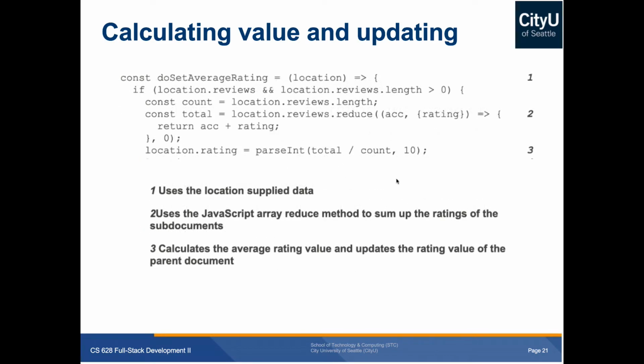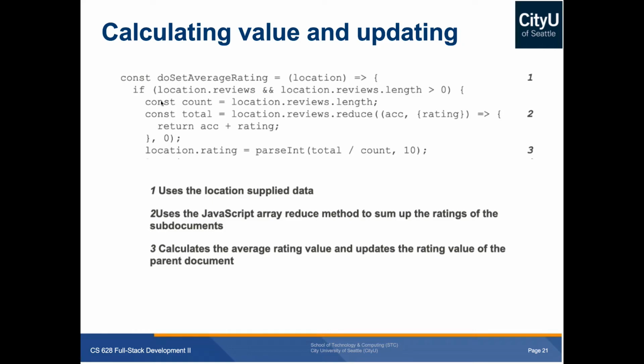Okay, so to do that, you would have a doSetAverageRating, and in this logic, if location.reviews, it means that if there are one or more reviews for that location, and if the reviews.length is greater than 0, it's another check that there is at least one review.